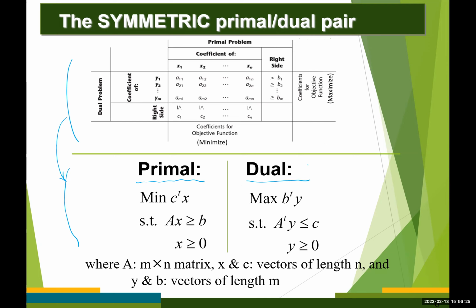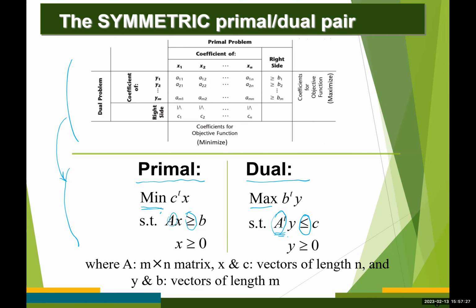The primal problem in this case is a minimization problem with greater than or equal constraints, while the dual problem is a maximization problem with less than or equal constraints. And here is the transpose of the matrix A, instead of the original matrix A. For every variable in the primal problem, there is a corresponding inequality constraint in the dual problem.